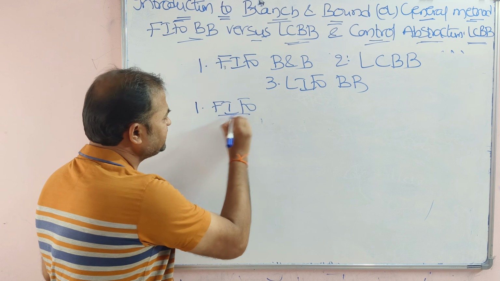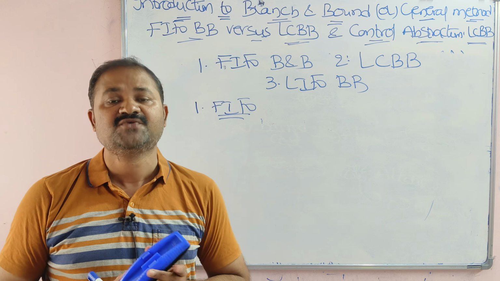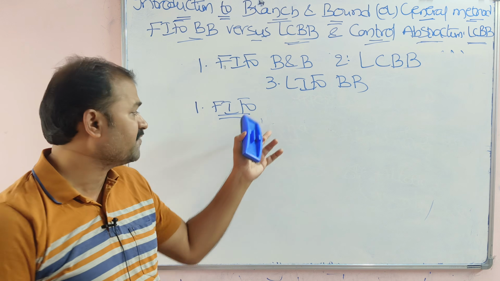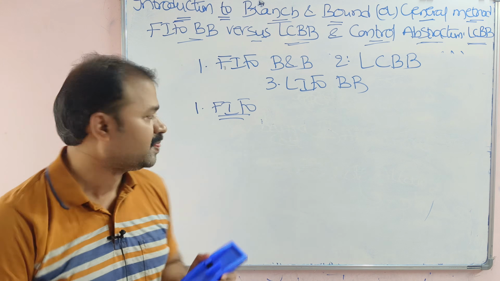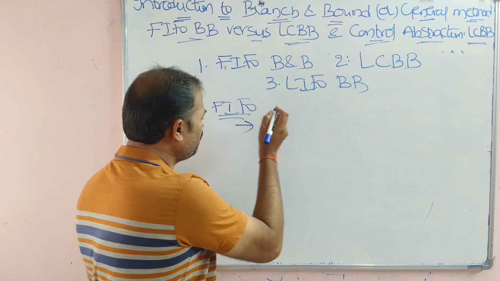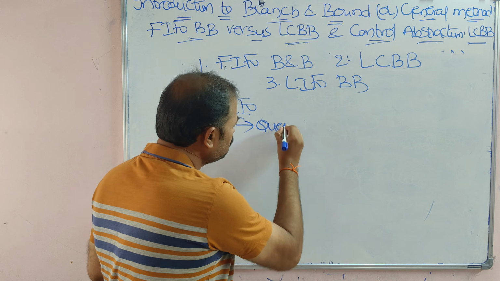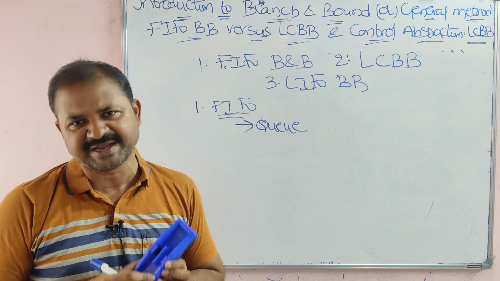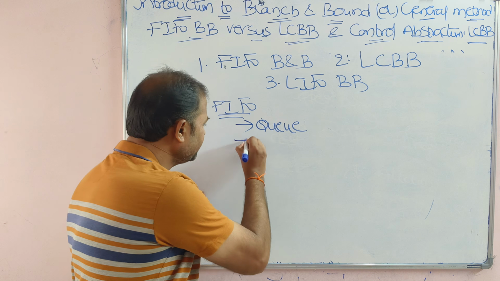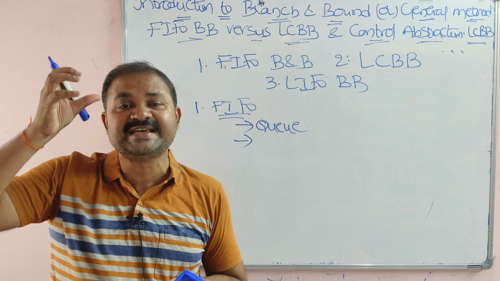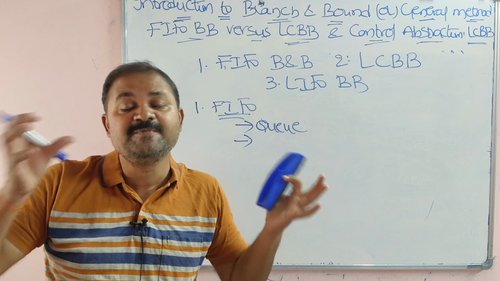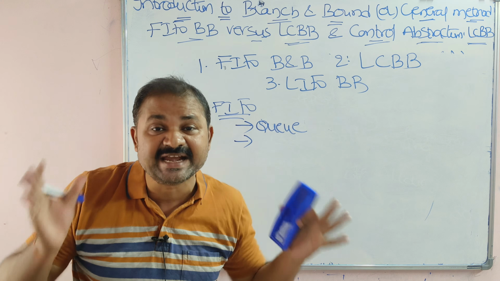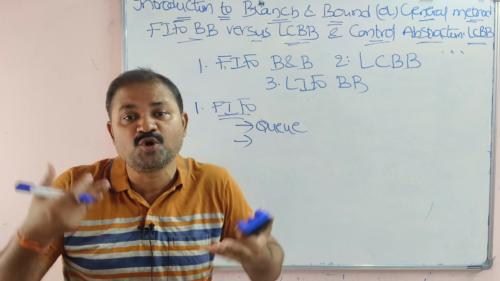We know what FIFO is: first in first out. Which data structure works based on the FIFO policy? Queue. So FIFO means it uses the queue data structure for its implementation. Here the node which is generated first will be explored first.